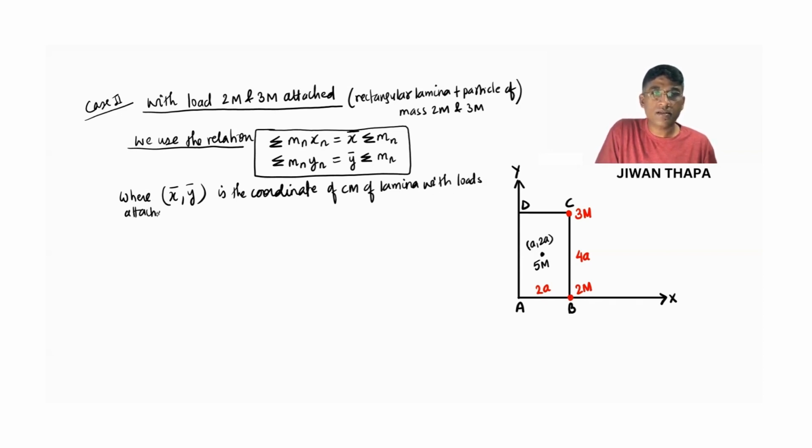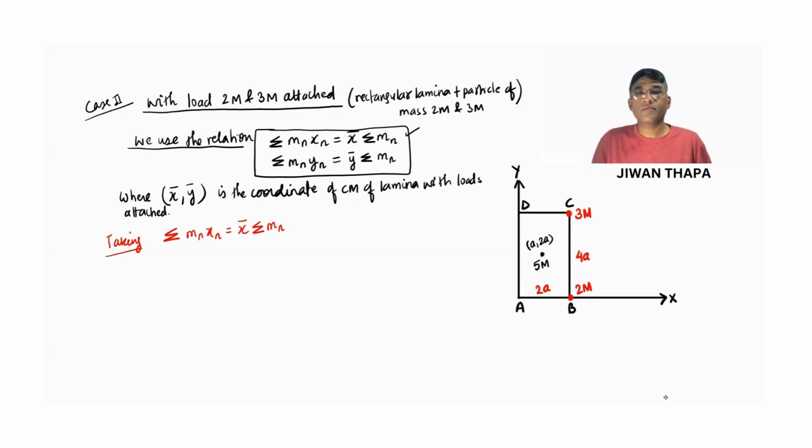Now, using this equation, I'm taking summation mn xn equals x bar summation mn.